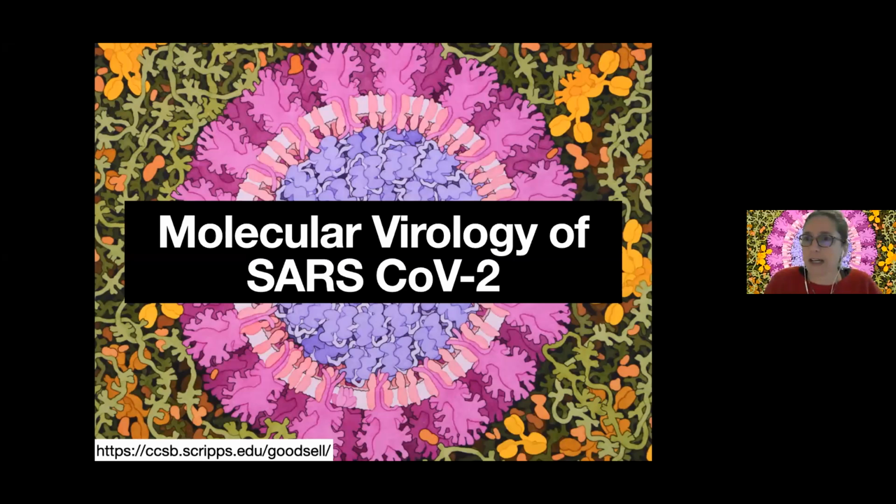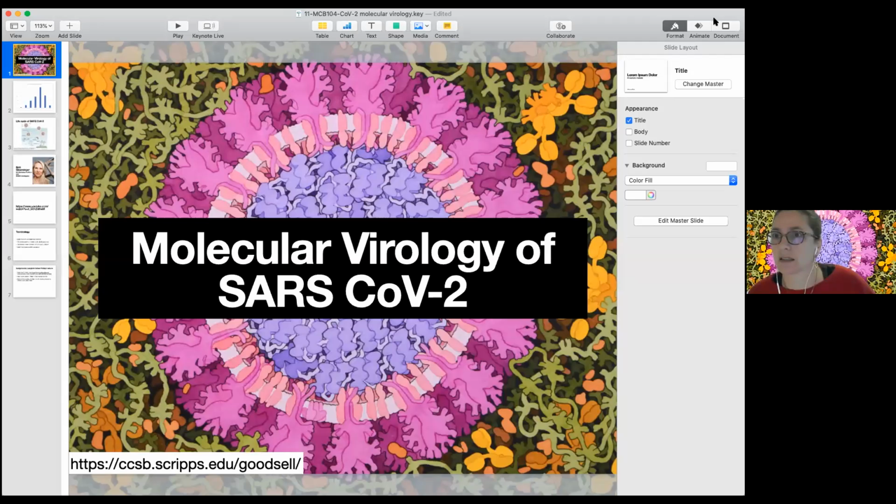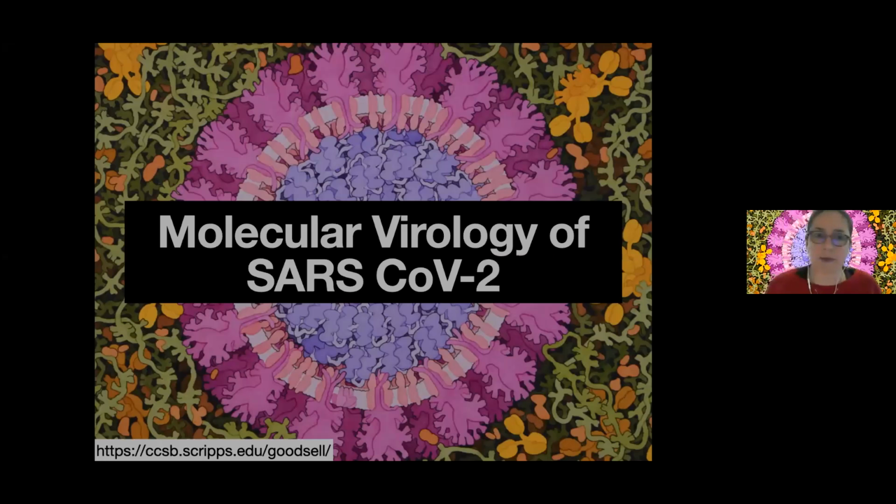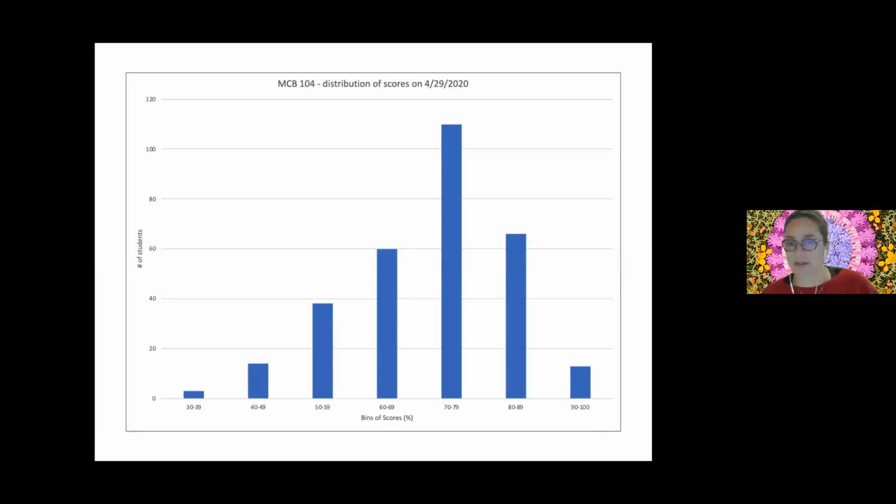Before I get into the material itself, there have been a number of you asking about the grade distribution in the class, so I thought I'd tell you what we know at this point.